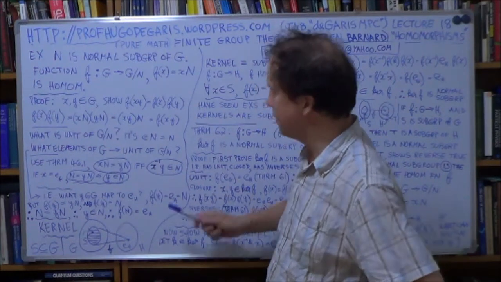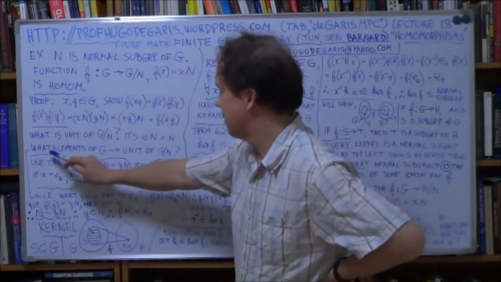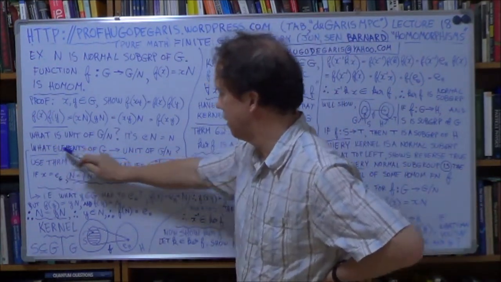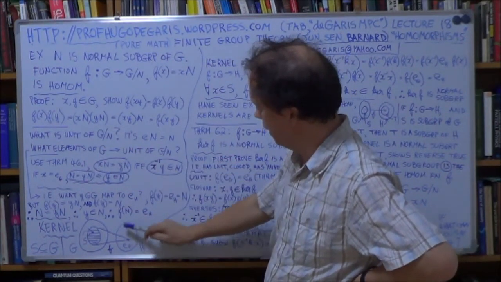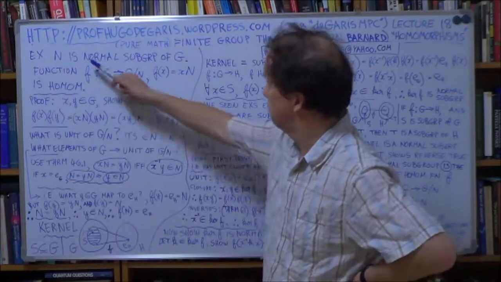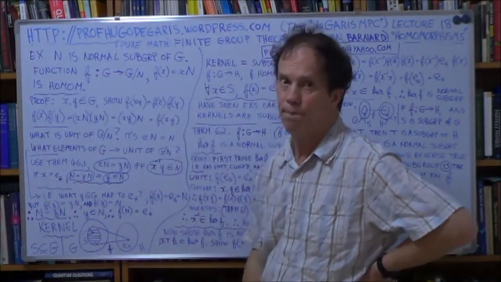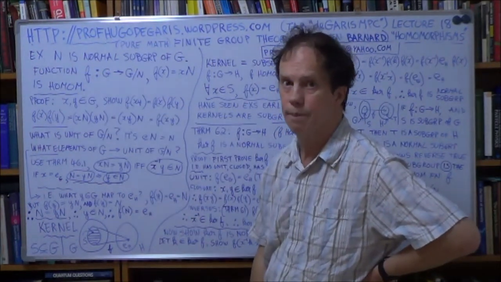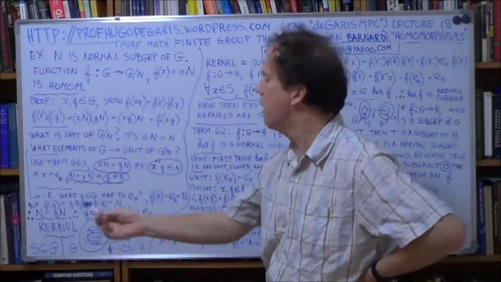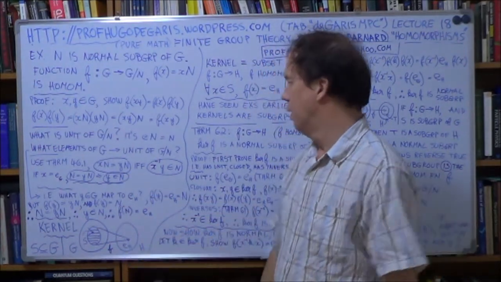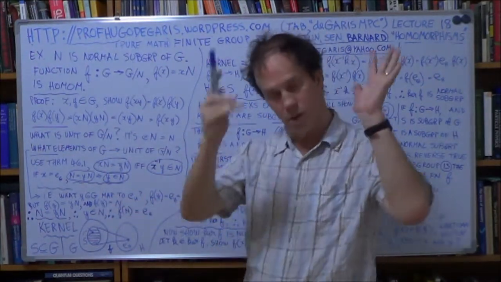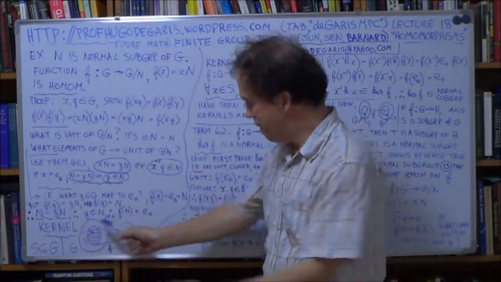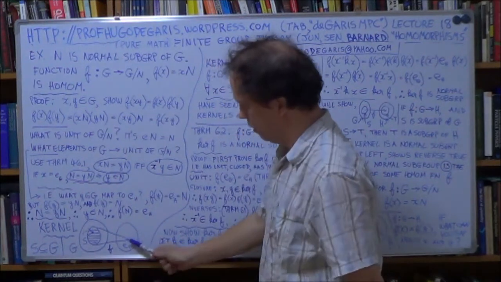So the answer to this question, which elements of G map to the unit of your H, is N, the normal subgroup. Its elements map to here. So yet another example of asking that question, which elements of G map to the unit of H.